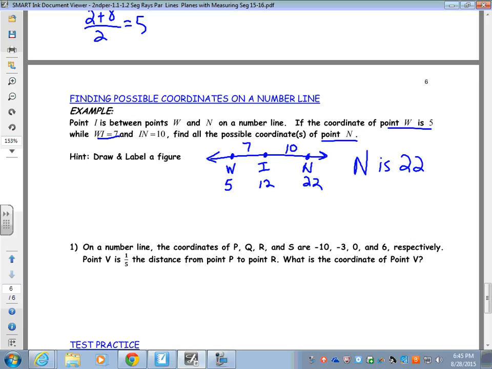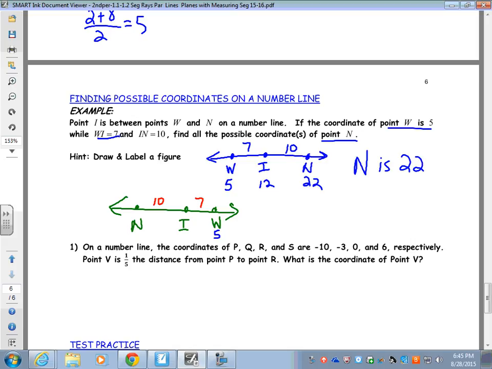Because I have a number line, I can move to the right on the number line, or I can move to the left. Again, let's say we have W, I, and N. And we already know WI is 7, IN is 10 again for their lengths. I'm starting at 5. So if I move to the left, that's minus 7.